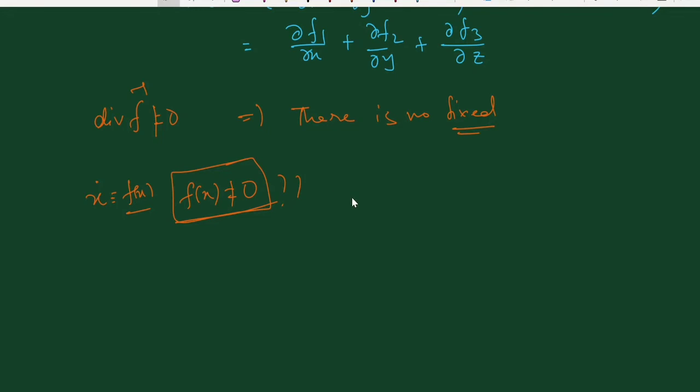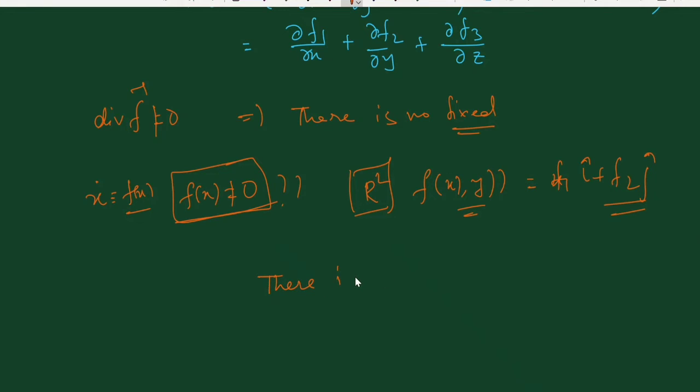It is given in R2, so f equal to f(x, y), equal to suppose f1 i cap plus f2 j cap in 2 dimensions, a 2 dimensional vector field. So divergence non-zero means there is no fixed point, that is, there is no equilibrium point.